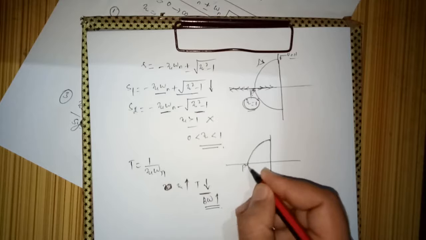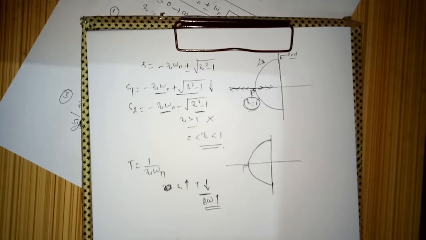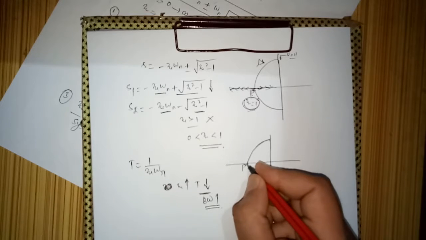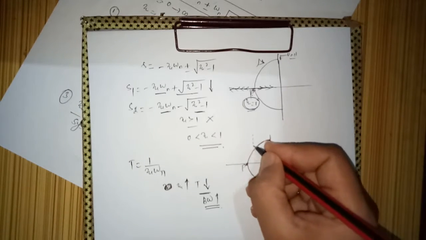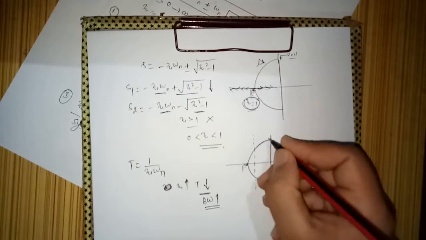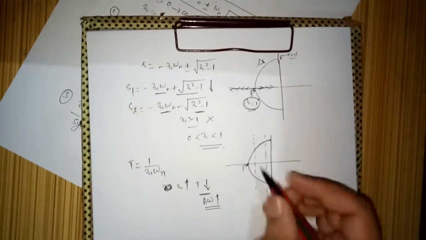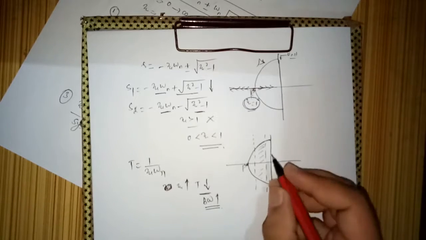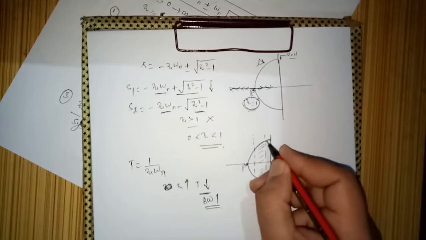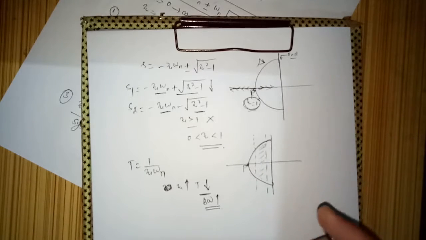First of all, a critically damped system can become overdamped anytime, so I cannot use it here. So I have to be somewhere in this region; this region will be preferable. If zeta is less, then I'll have very little damping and oscillation will be there.